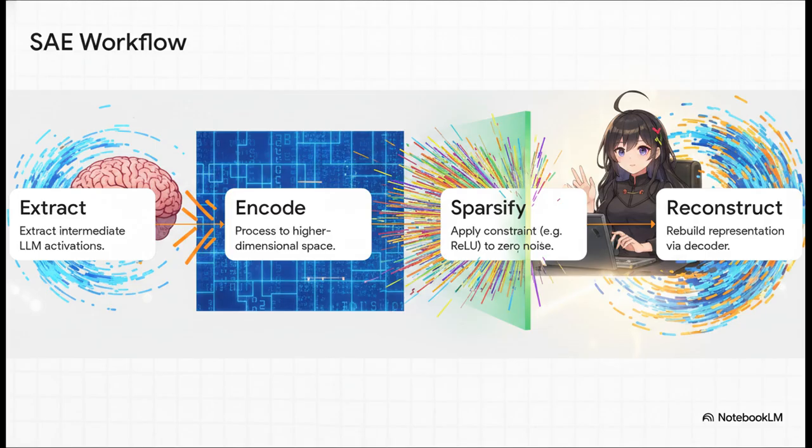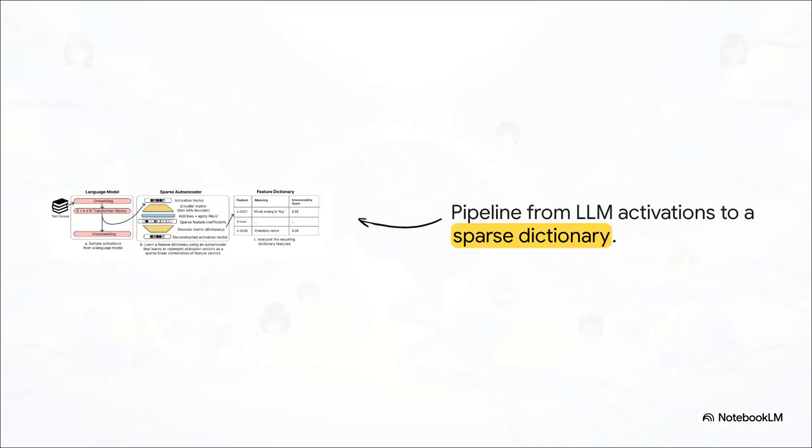Next, and honestly, this is the magic step, we apply a sparsity constraint, something like a ReLU activation function, to just brutally zero out almost all the negative values. Finally, the decoder steps in and tries to reconstruct the original dense representation from that new sparse vector. Following this exact pipeline from sampling those residual streams or MLP sublayers on the input end to applying the tied-weight autoencoder, we end up with our output.